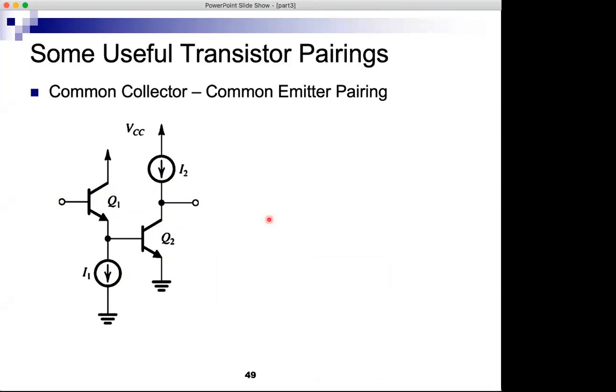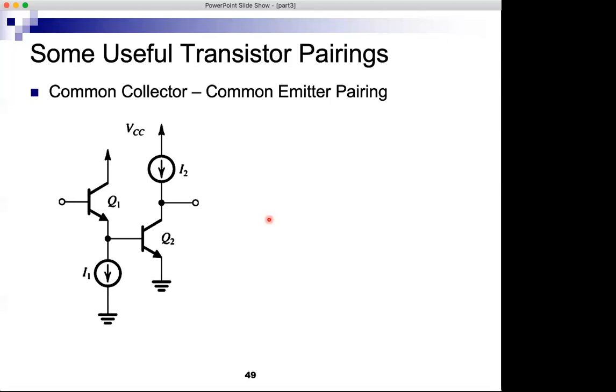Okay, so when we compare with other configurations, we need to set some reference. And the reference usually is the common emitter. A common emitter, when I use one transistor, has very good characteristics.